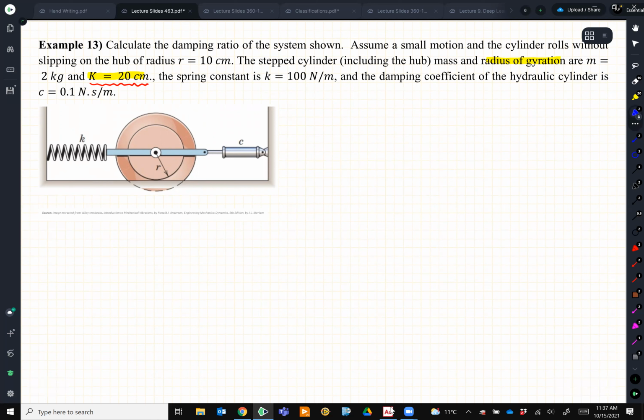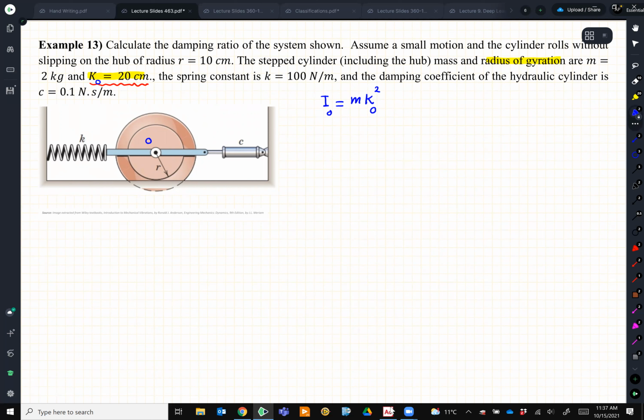When we solve problems, obviously we need I, and it says about point O, or the center of mass, it is k_O. It is mass multiplied by k_O squared. All right.